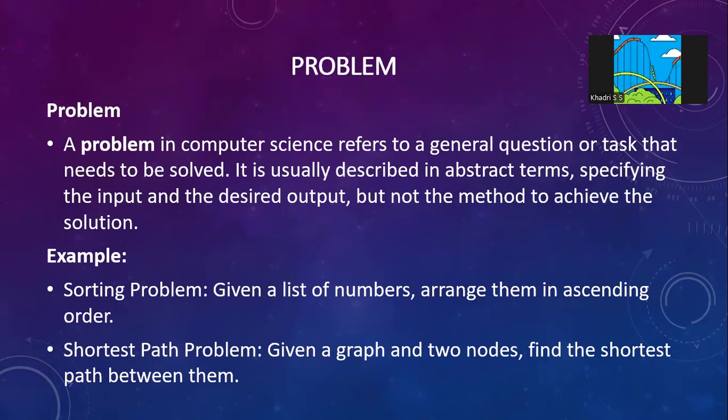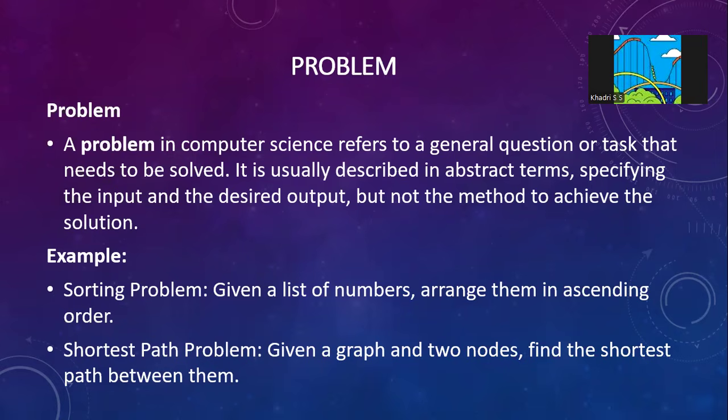In the sorting problem, they will provide a list, and we need to arrange it in ascending order. But here is the logic we need to understand: which method we should apply to sort the numbers. To arrange in ascending order, we need to think about which kind of method, which algorithm, to apply to sort the list of numbers.